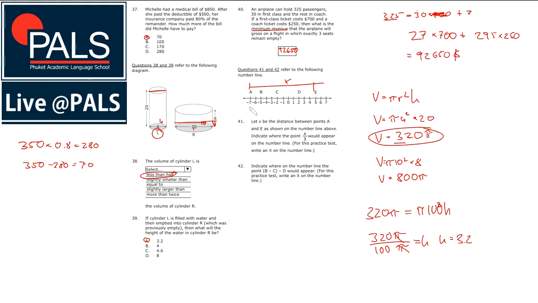So the total distance is from -7 to 5. That is a total of 7 plus 5 is 12. 12 divided by 3 is 4. -7, 4 steps, 1, 2, 3, 4. -3.